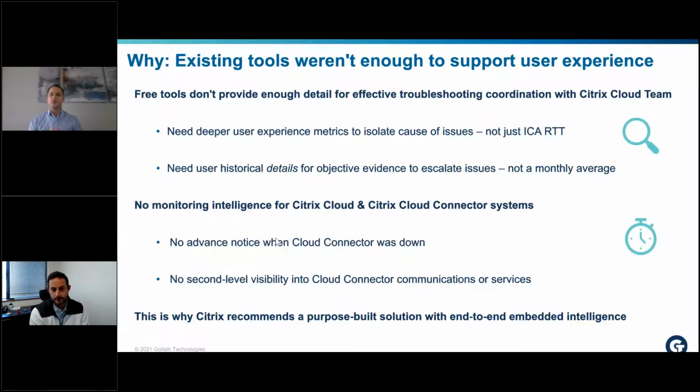You need more detail than just whether a user is having an issue, like round trip time. You need deep visibility within that. You also need broader visibility outside of the Citrix stack and all those components you just saw on the screen.